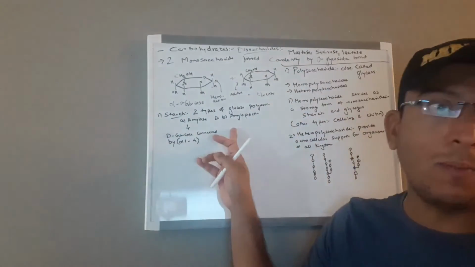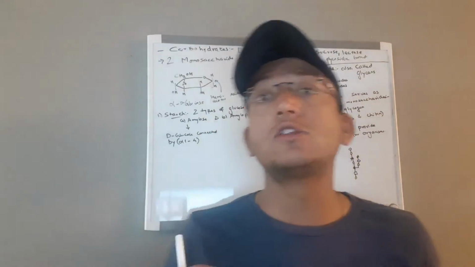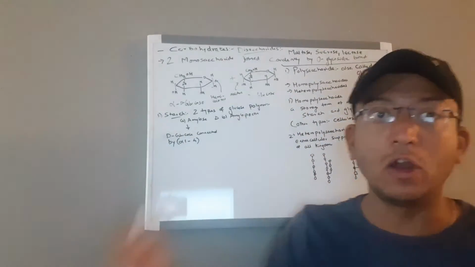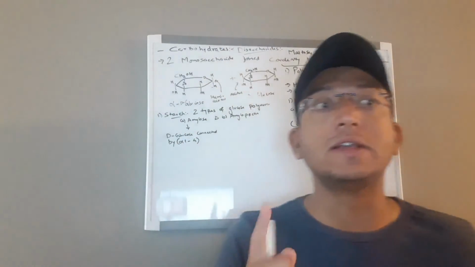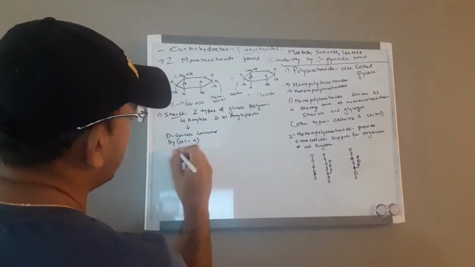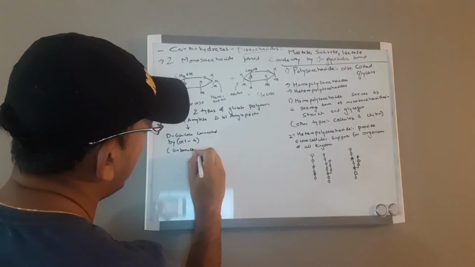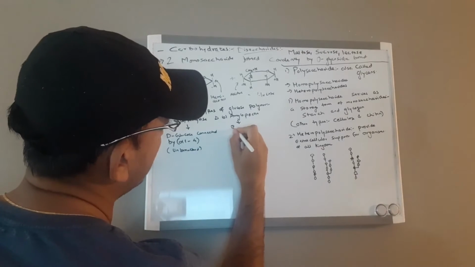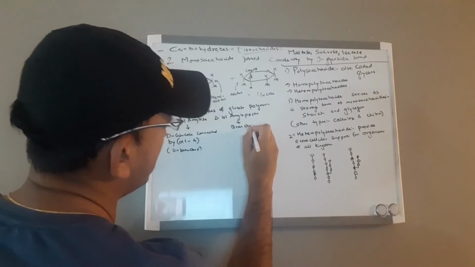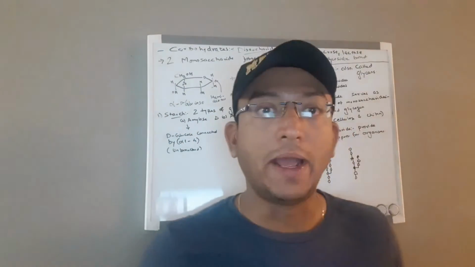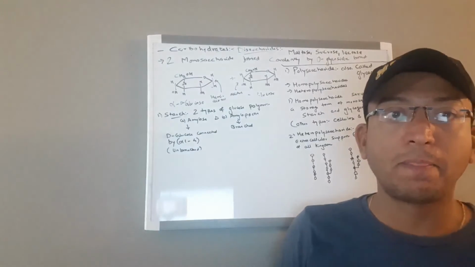But amylopectin also has a higher molecular weight, up to 200 million. Unlike amylose, which is unbranched, amylopectin is a highly branched chain, right?